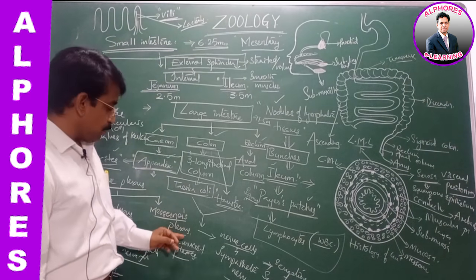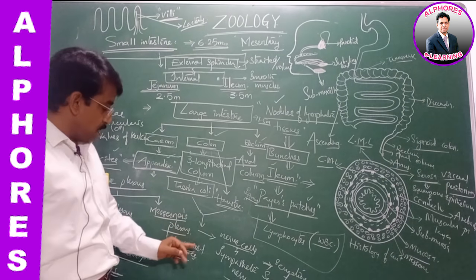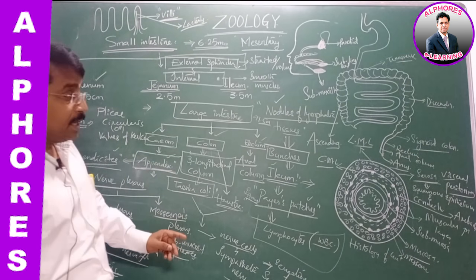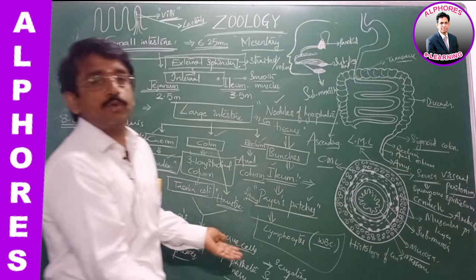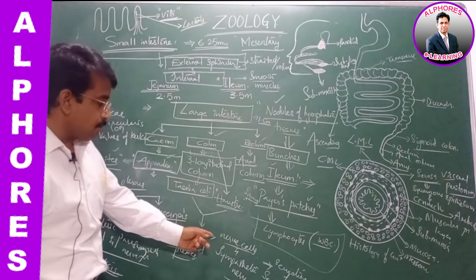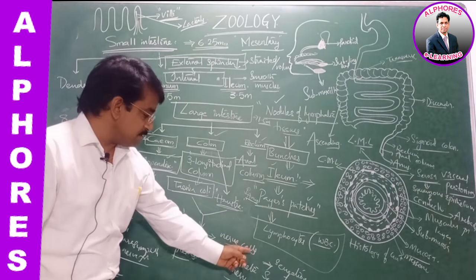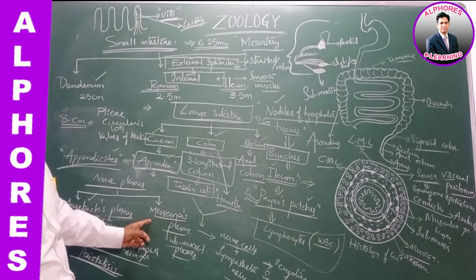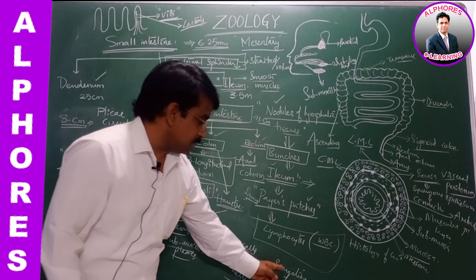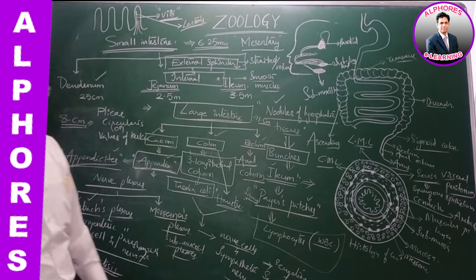Meissner's plexus is also named the submucosal plexus. Why? It is present between the muscular layer and the mucosa. It is the combination of nerve cells and sympathetic nerves, and its function is secretion of succus entericus.